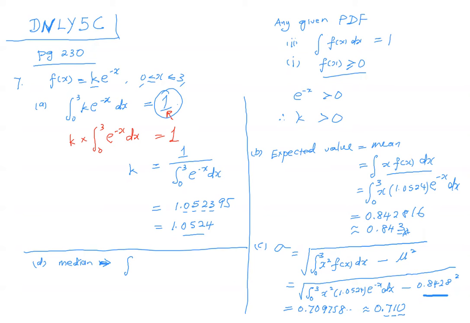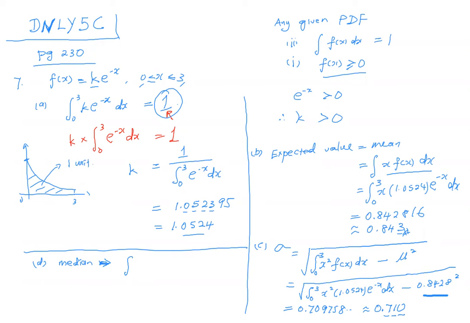I believe this curve looks like this, until 3. So this area is 1 unit.